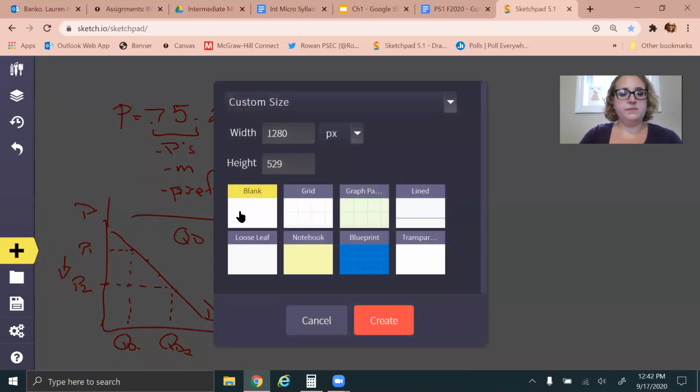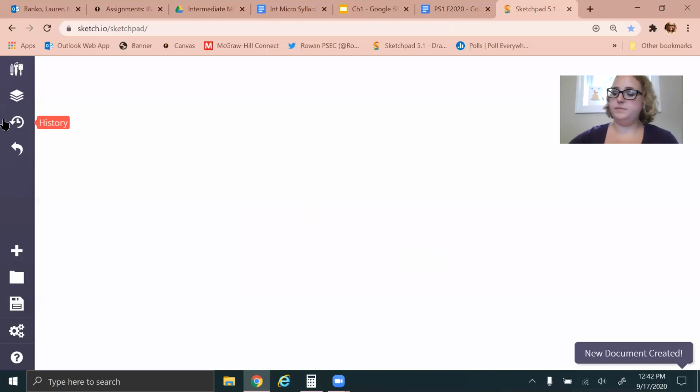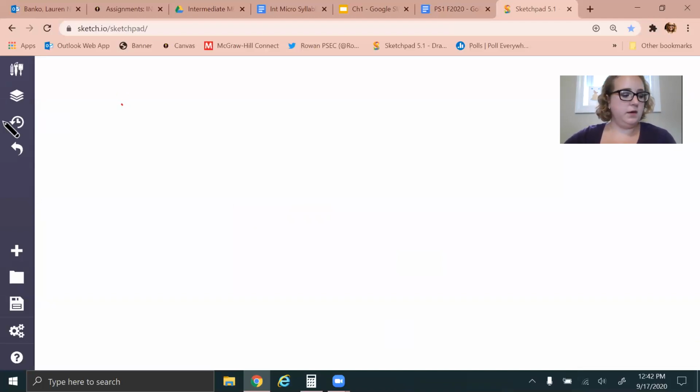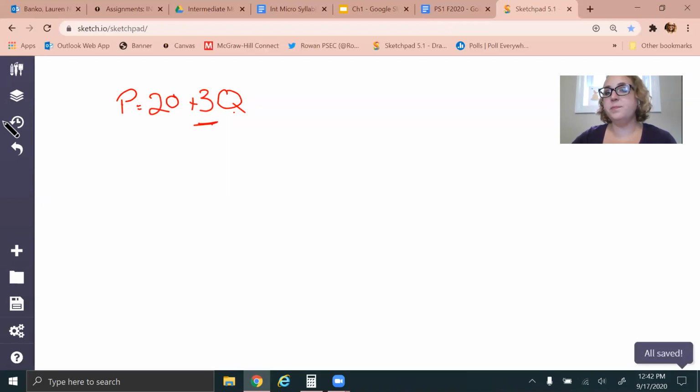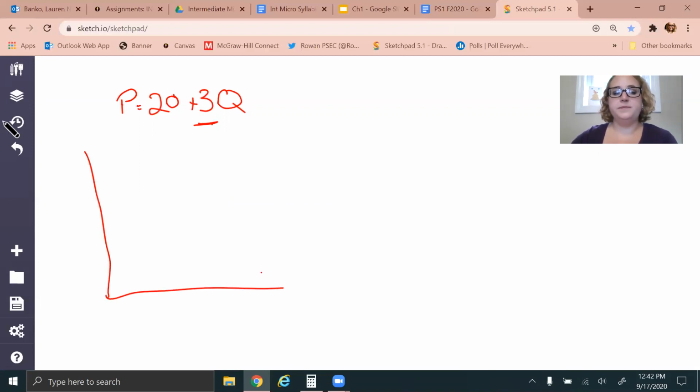And I'll show you for supply. Let's say you had a formula for supply, something like this. This is an inverse supply formula, and you should know it's supply because we have a positive slope; the number on Q is positive. So our picture would be something like this, and we have an intercept down here.